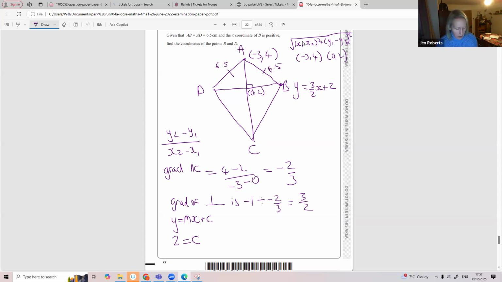I haven't got enough space to put it all in, but let me just do it. -3 take away 0 squared, add bracket 4 take away 2 squared equals 13, or root 13. The length of that line here is root 13. So what else do I know? I know that a squared plus b squared equals c squared.